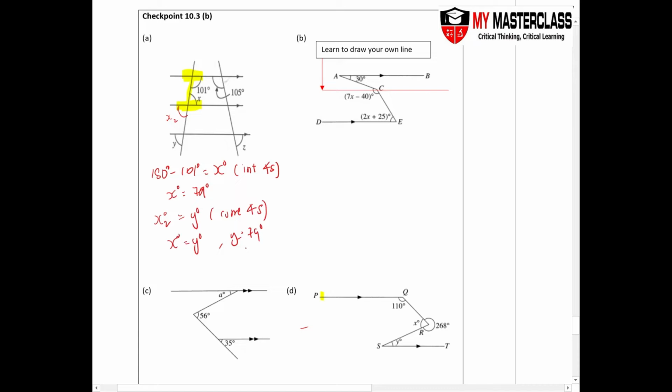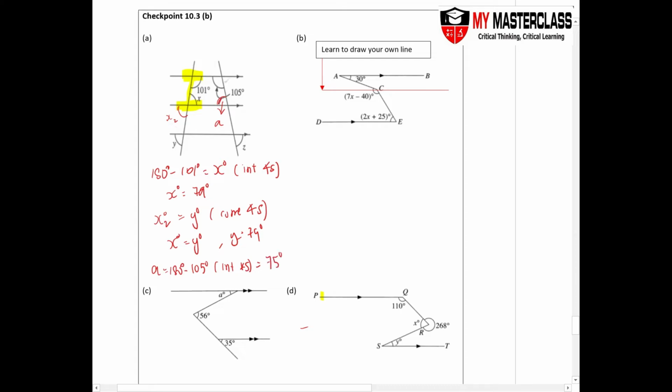Then let's work it out on the other side of this diagram, where you have 105. You're given 105 here, which means this particular angle, let's name it A, is 180 minus 105, again because of interior angles, which gives you a final answer of 75.